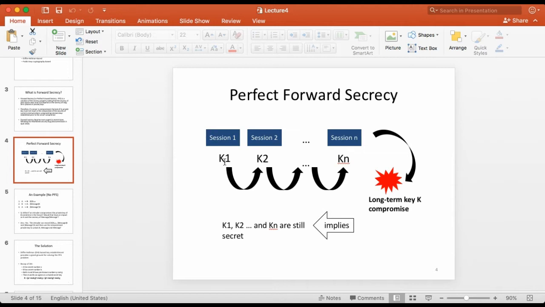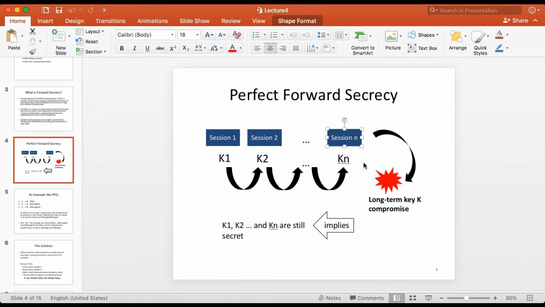During each session, there is a session key which is generated for the duration of that single session. K1, for example, is generated for use within session 1. K2 is generated for use within session 2, and so on. Kn is generated for use within session n.